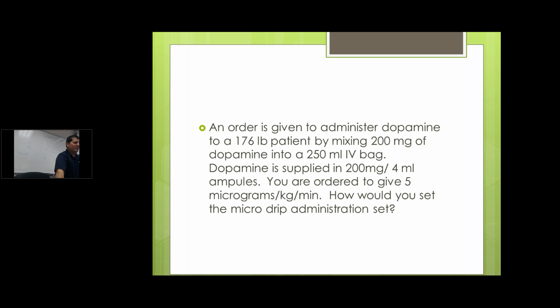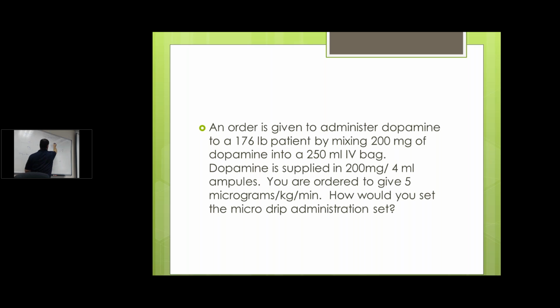So what's the difference between this one and the others? Now we're weight-based. So now we have to figure out this area changes a little bit. The only thing different with weight-based is we'll take the kilograms of the patient times the dose, in whatever the weight is, micrograms per kilogram, milligrams per kilogram, whatever.